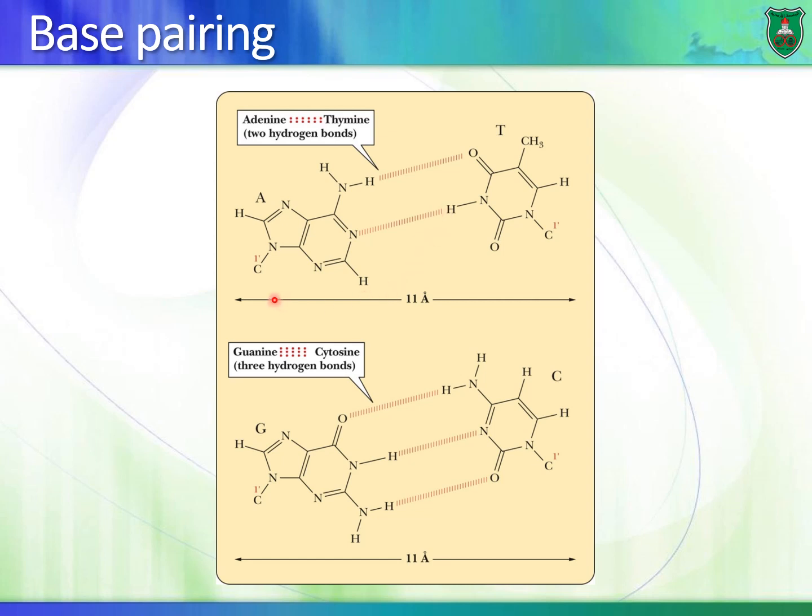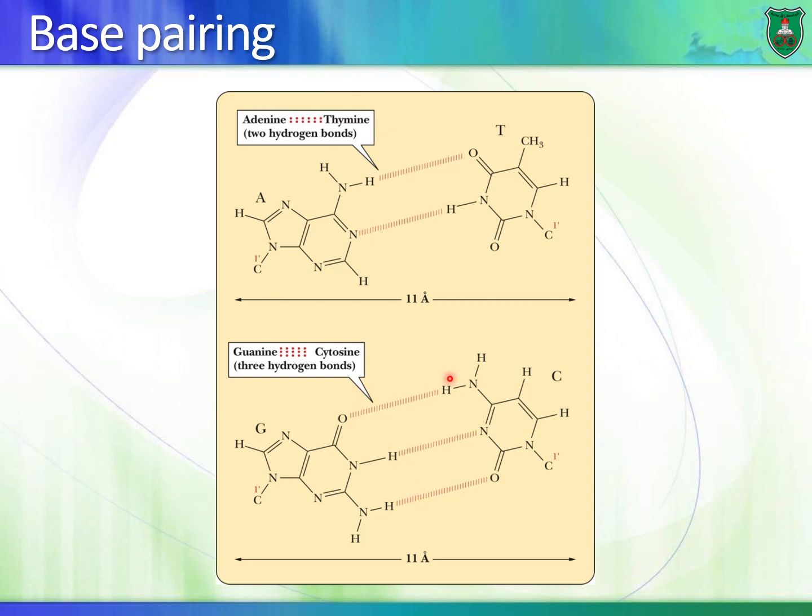So whenever you have, for example, an A right here, it's always hydrogen bonded to a T. This T exists on the other strand. And the number of hydrogen bonds is always 2. On the other hand, G is also hydrogen bonded to a C, and the number of hydrogen bonds is always 3.